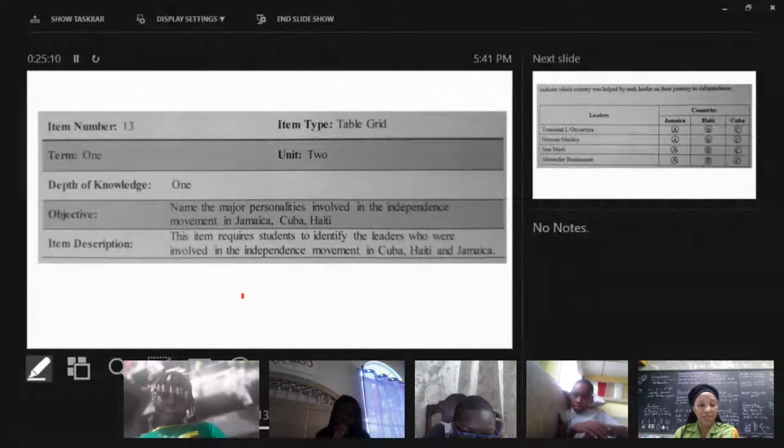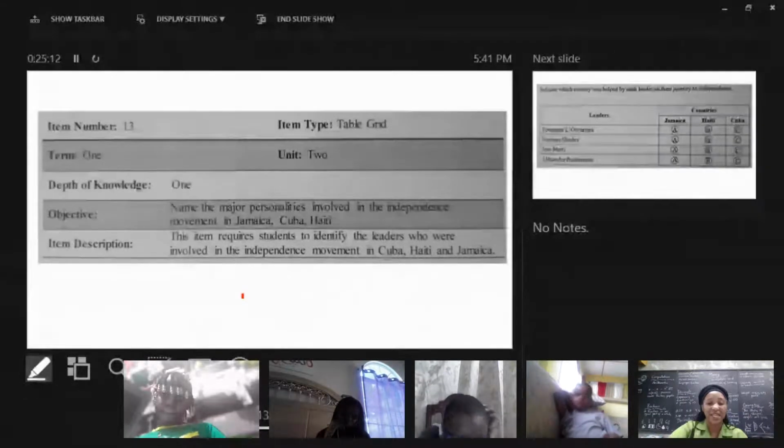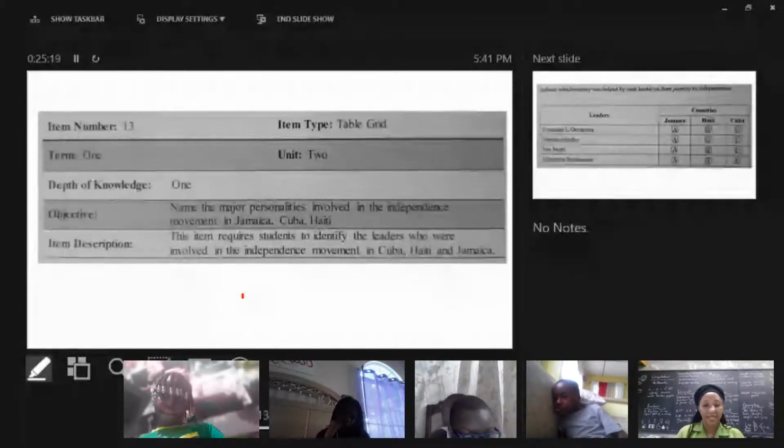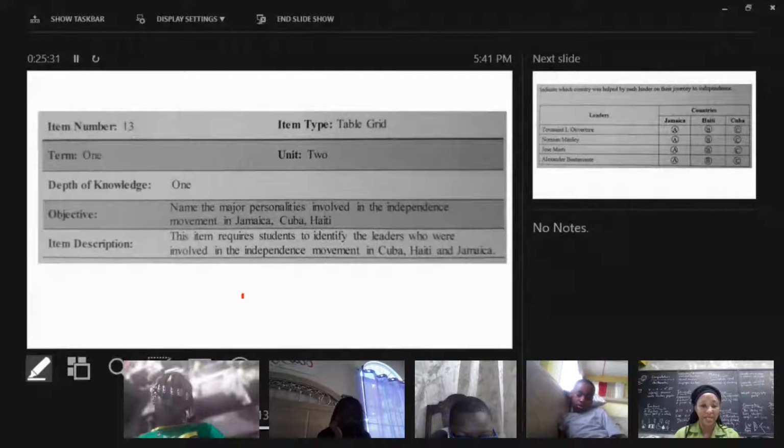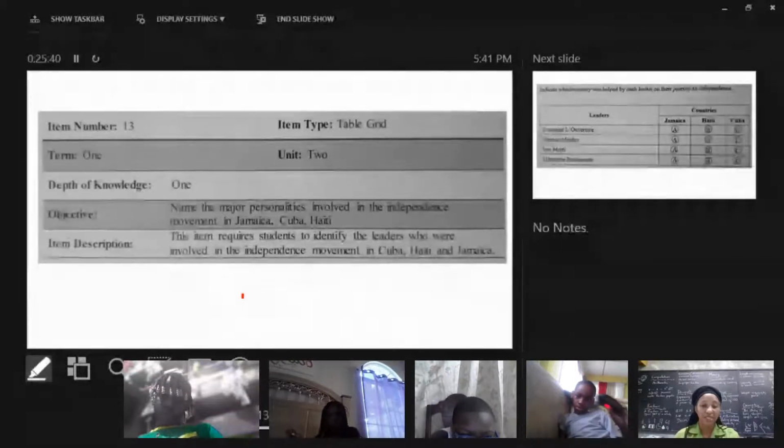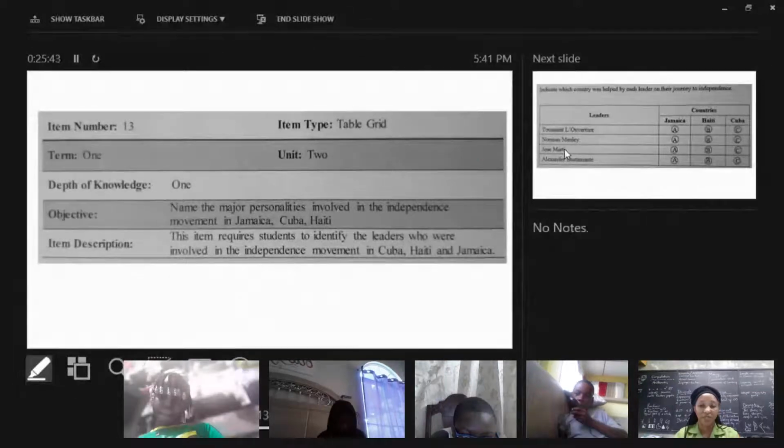This item requires students to identify the leaders who were involved in the independence movement in Cuba, Haiti, and Jamaica.